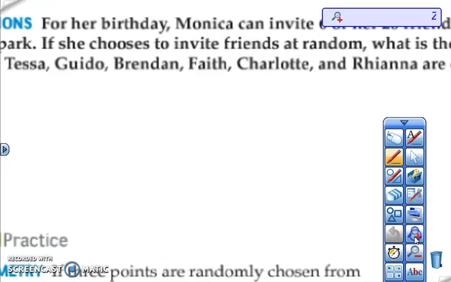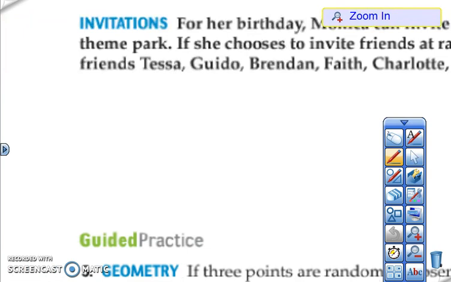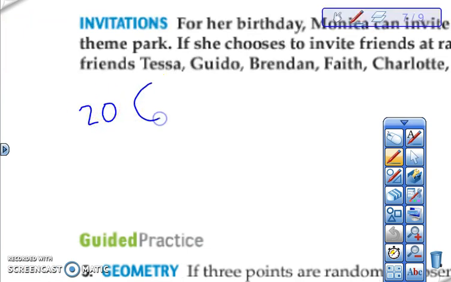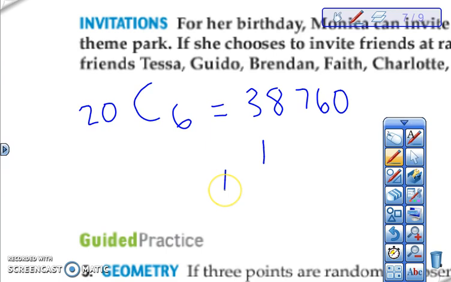So to figure out how many ways we can do that, since the order that the people are chosen does not matter, we're going to do 20C6 instead of 20P6 on our calculator. And if we do that, we get 38,760. So the probability that that one specific set of people gets chosen is 1 out of 38,760.